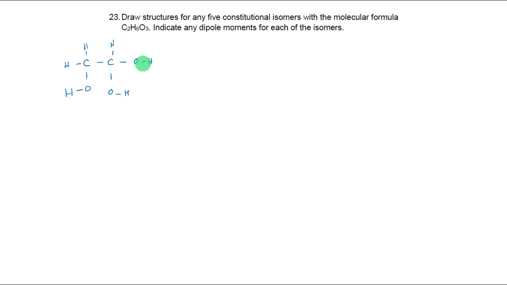So I have 2 carbons, and one of these carbons has 2 OHs, the other one has 1. I can draw an isomer where all the OHs are on the same carbon. We can draw a structure where the oxygen's in the middle. So that would be 3 of them.